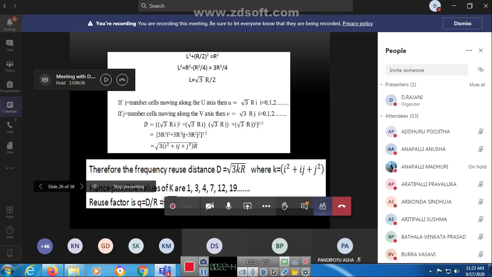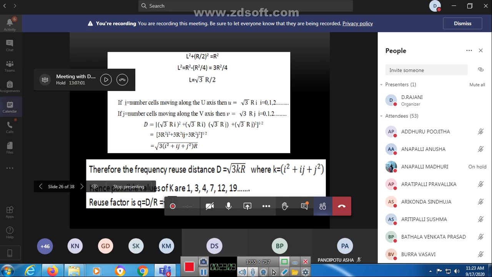Therefore the frequency reuse distance d is equal to square root of 3 k r, where k is equal to i square plus ij plus j square. Likewise we can find the distance while using the frequency reuse concept.